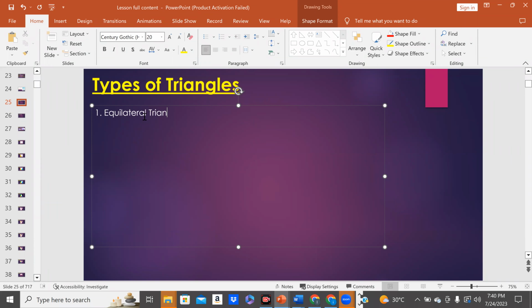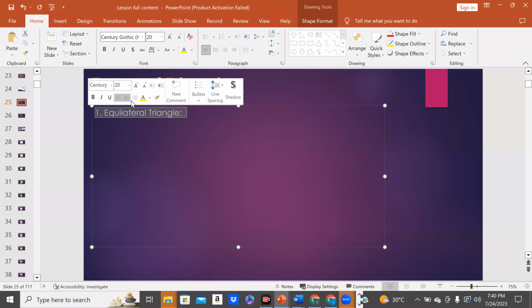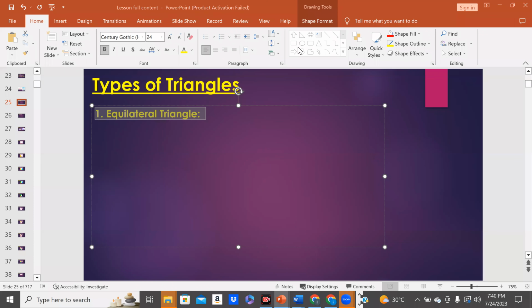What do we know about an equilateral triangle? The hint is in the name. Equilateral. It's equal sides. Each side equals the same thing. Very good. All sides and all angles are equal.